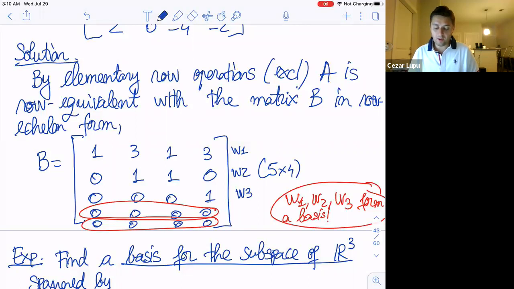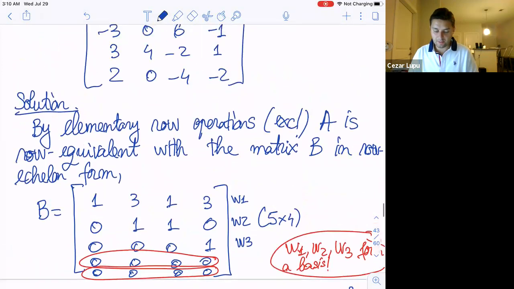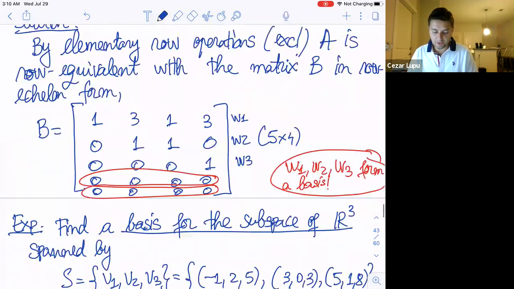So definitely I'll pick W1, W2, W3 to form a basis. So this will be my basis for the row space of A.